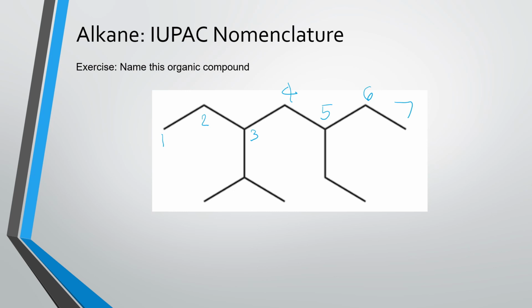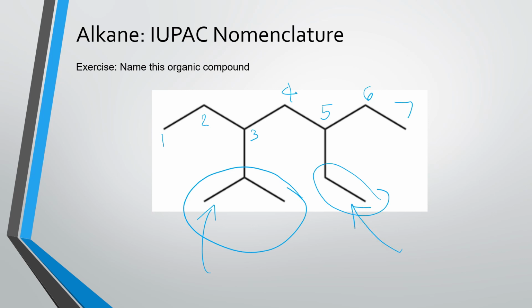Now, how many substituents do we have? Dalawa. One containing 3 and the other one containing 2 carbons. Pag nagbilang ba tayo dun sa closest first substituent? Yes. 3. Pag doon, 3 pa rin. Pag dito naman tayo nag-start, 3 pa rin naman. Anong pangalan ng substituent? First, this one is an alkyl group with 3 carbon atoms.